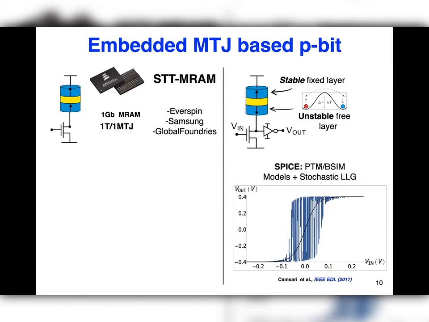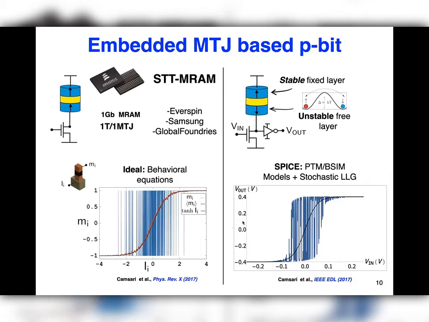If you simulate this in SPICE, taking the Berkeley models for the transistors and using some sophisticated stochastic LLG models, you see that as a function of the analog input, which is now the transistor voltage, you get a fluctuating output that approximately gives you the ideal behavioral equations. If you look carefully, you'll see that they're not quite the same. For example, you're not seeing rail-to-rail voltages at all ranges.